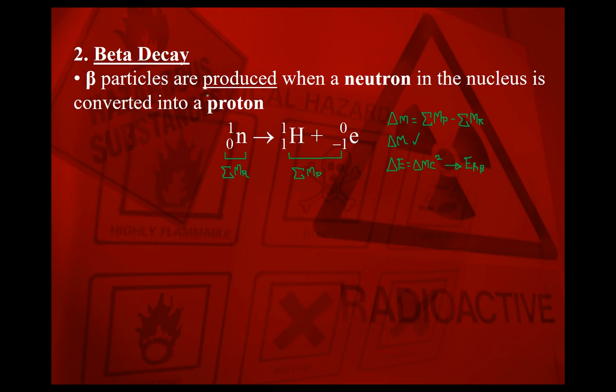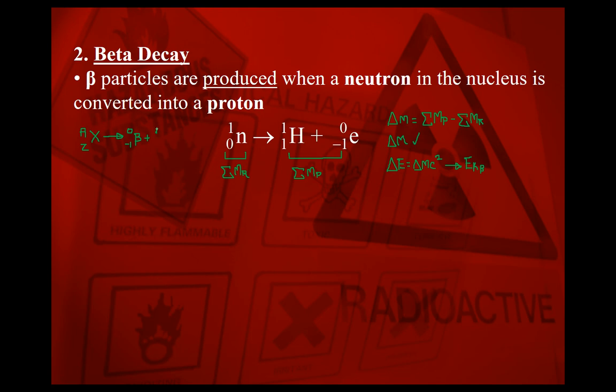I could write this in a more general format, by the way. Instead of writing down one neutron to a proton, we could start off with, again, element A, Z, X. That's my parent isotope. And then in beta decay, you emit that electron, 0, -1, beta.